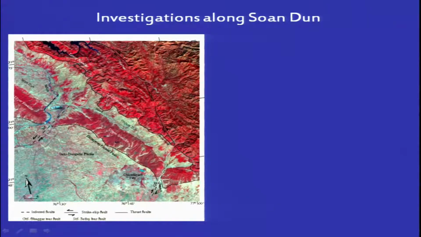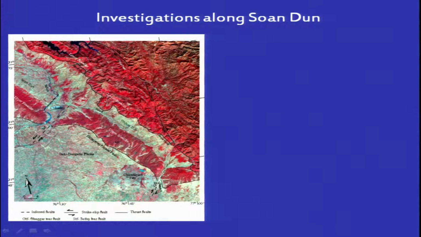This is a false color composite. The darker green colors are thickly vegetated areas, and this is the Chandigarh anticline. Further, you have a valley here termed Pinjore Doon, similar to Dehradun, and then we have the lower Shivalik hills.